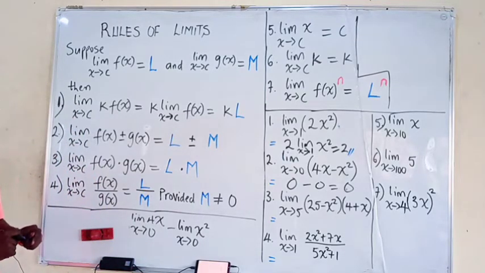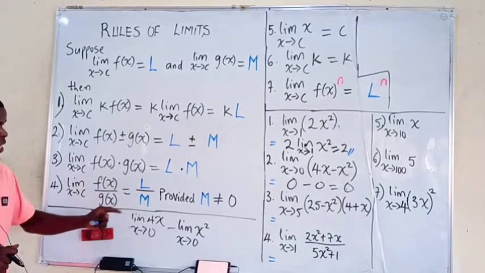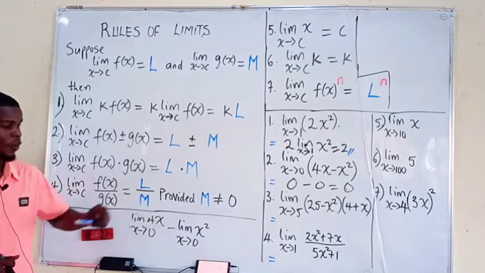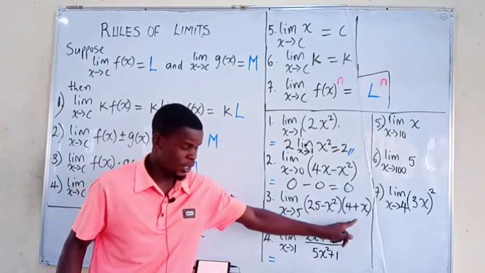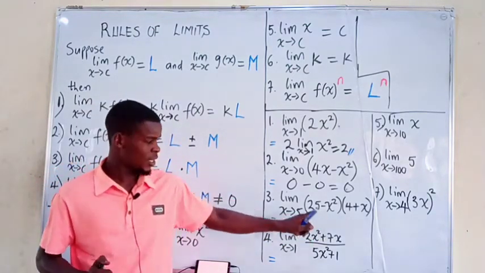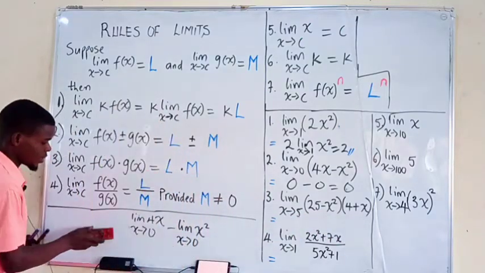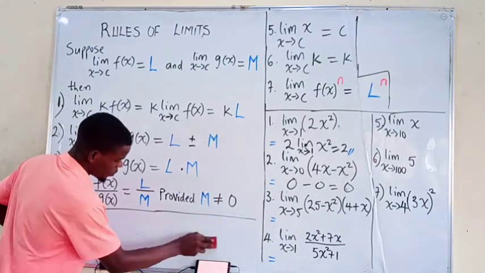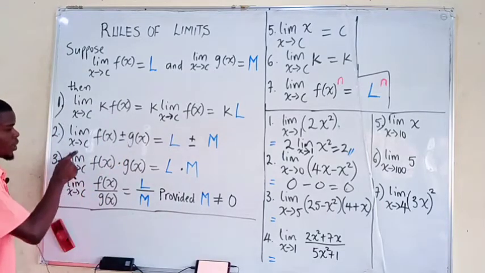The third one will be based on the product rule, that when we have the limit of the product of two functions, it is the product of the limits of those two functions. So, we have the product of two functions here, right? So you want to take the limit of the first function times the limit of the second function as x tends to 5 for each case. So, let's look at it.